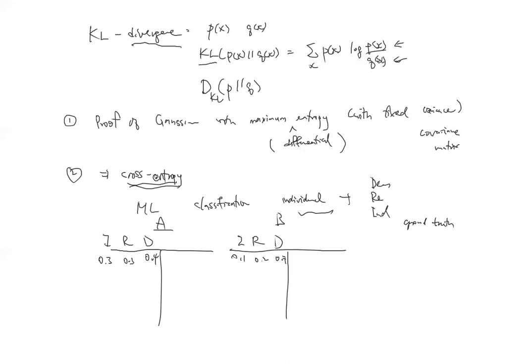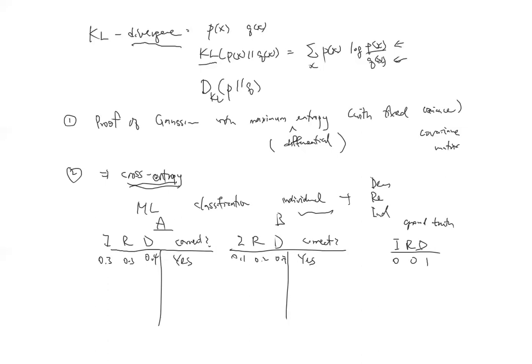The ground truth is 0, 0, 1. So if you look at that, for this individual both of them did a correct classification, right? So both of them are correct for this individual.